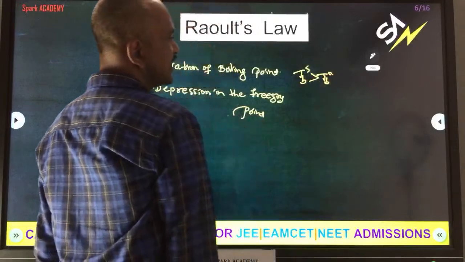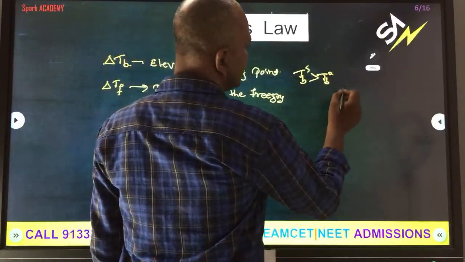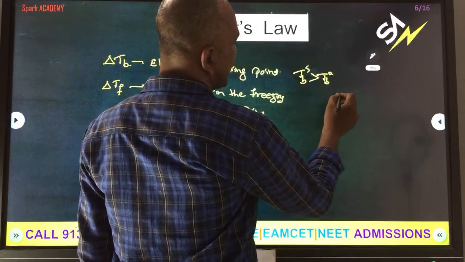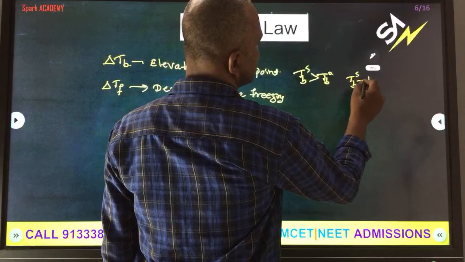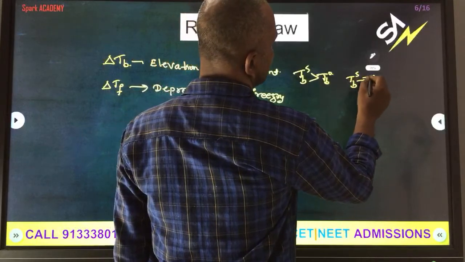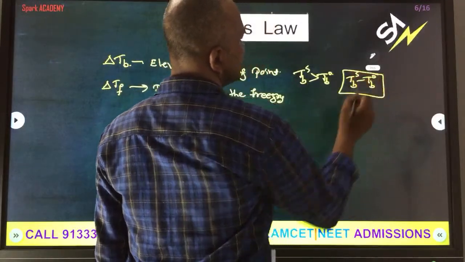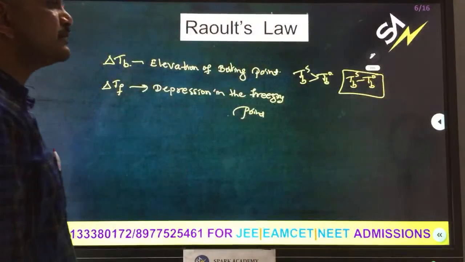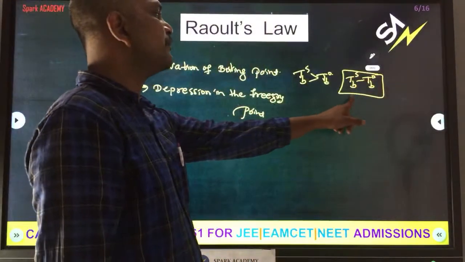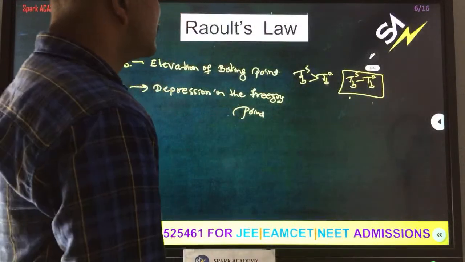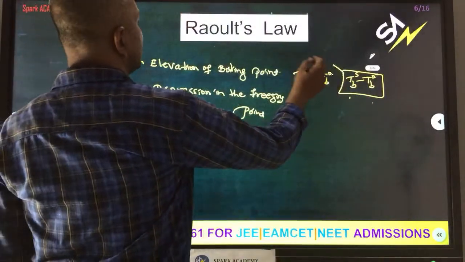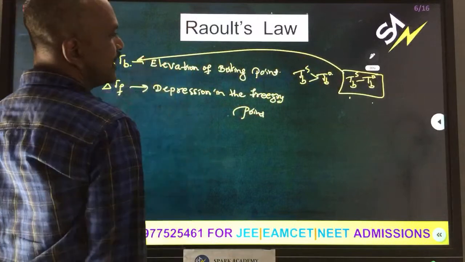So when we subtract, from the large number the small number is subtracted, so TBS minus TB naught. This is the difference between the boiling point of solution and the boiling point of pure solvent. This difference is known as the elevation of boiling point.